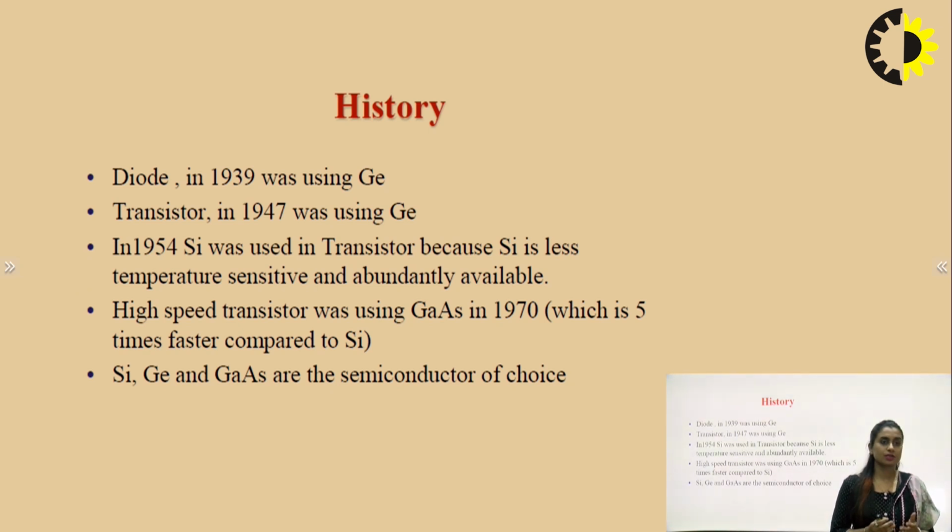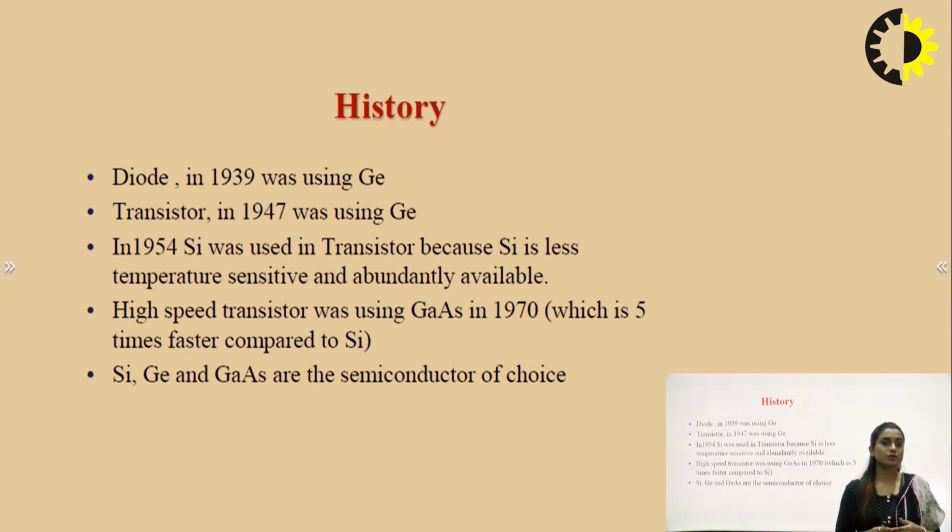Another reason for preferring silicon over germanium is its availability. It is abundantly available, so availability makes the cost lesser than a less available material, right? So first the diode, then the transistor, both were made using germanium, then silicon took over.